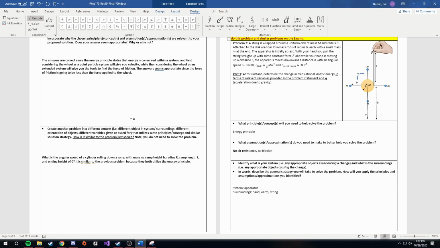Wait, but then what about the balls on the side of it? That is only included for rotation. Yeah. Because I was thinking, is it the force times h minus mgh? Because you're pulling the force, and it's causing the apparatus to move downward. The work of gravity is going to be positive because it's moving downward.